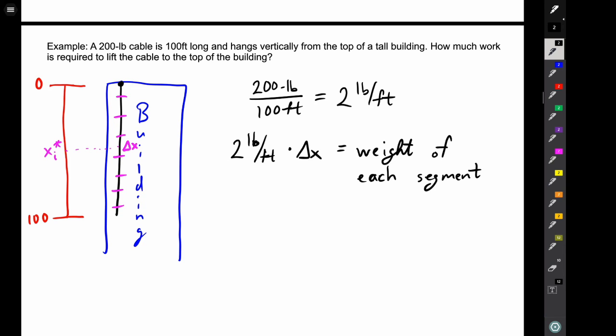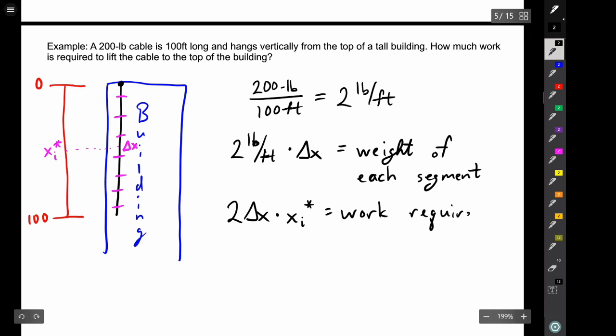Now that we have that, each of those segments we're going to pull up to the top of the building, and that distance we pull it up is approximately just xi star here. So 2 delta x times xi star equals the work required to lift the segment to the top.